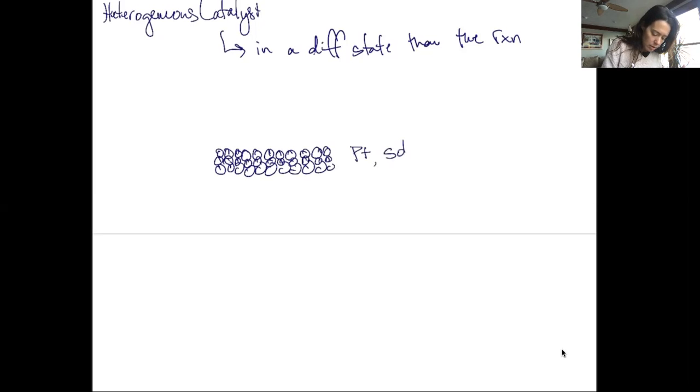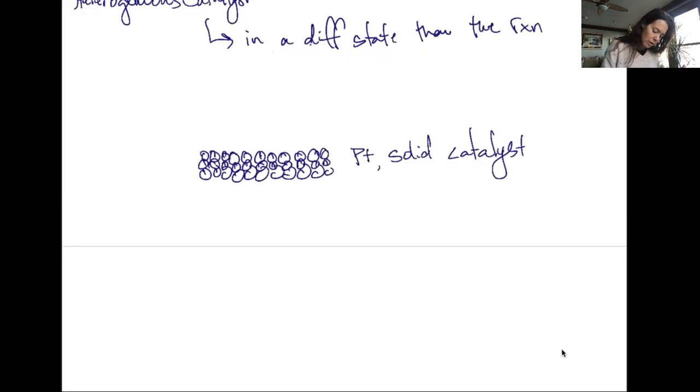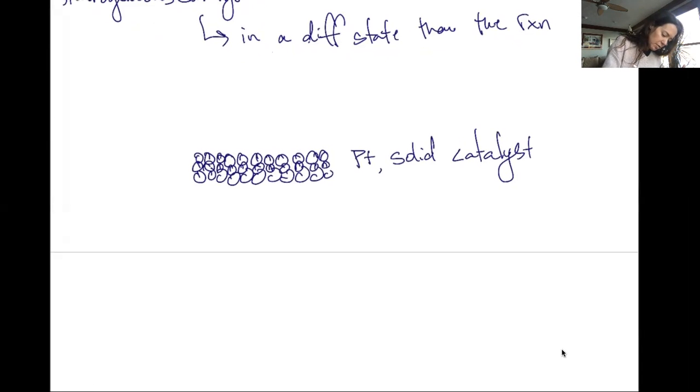This will be a solid catalyst. And let's just have some gaseous molecules here, and let's have maybe something like this here. What these gases will do is they will adsorb onto the solid catalyst.